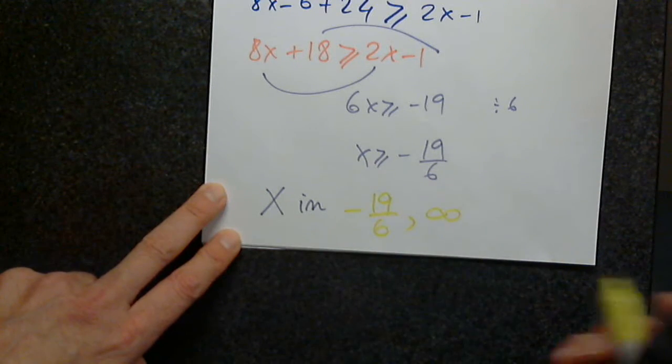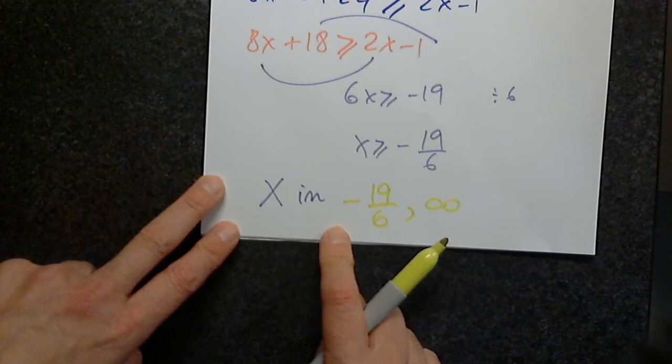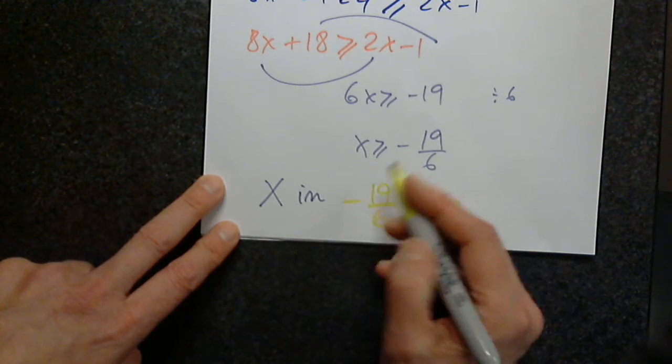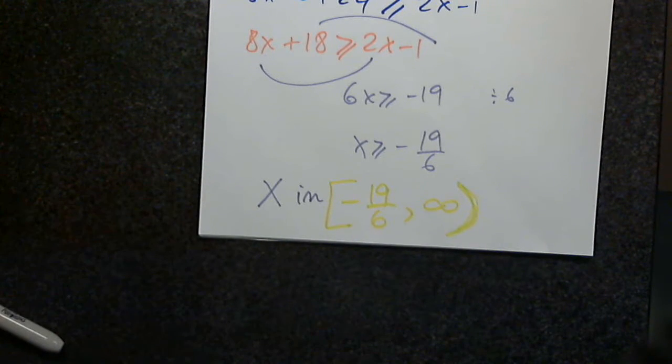Yes, because it's greater than. But what do I put here? Bracket or parenthesis? Yes, because of the equal symbol, I have to use a bracket. And infinities are always parentheses.